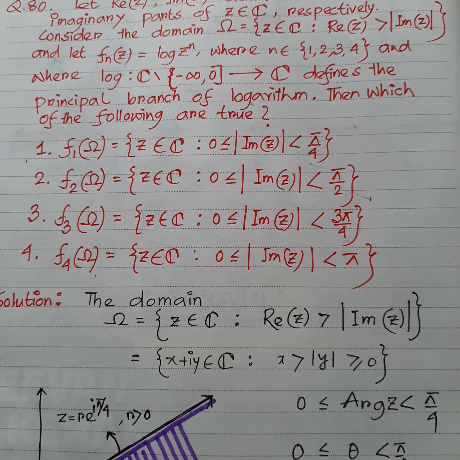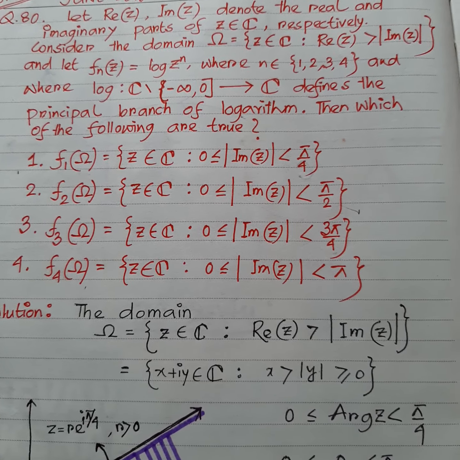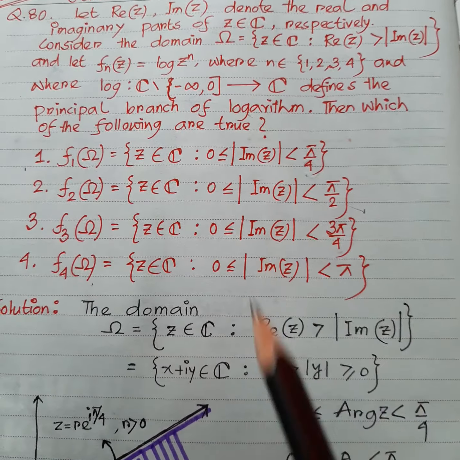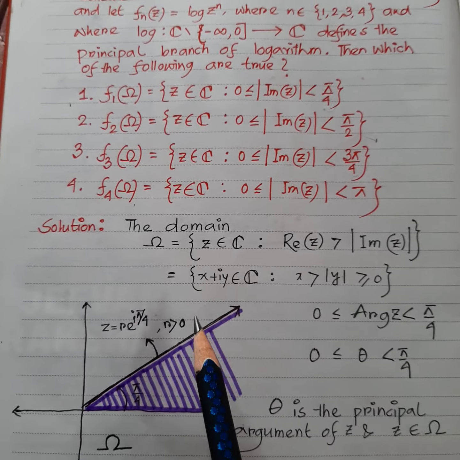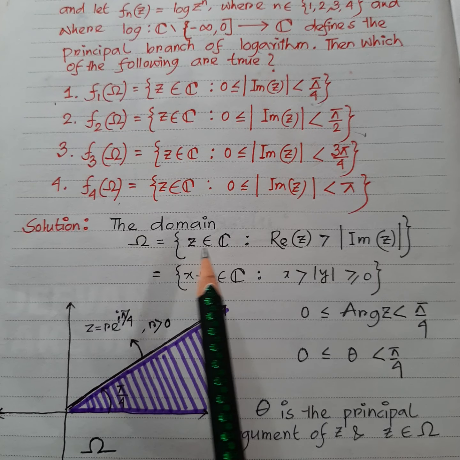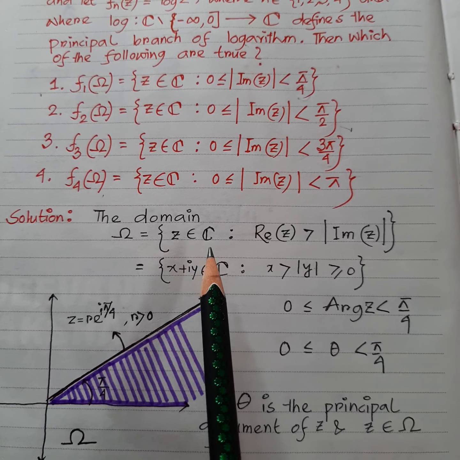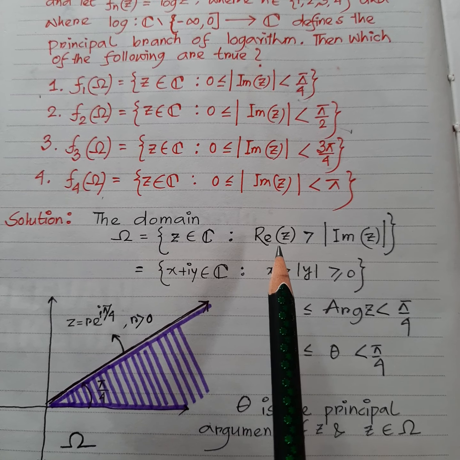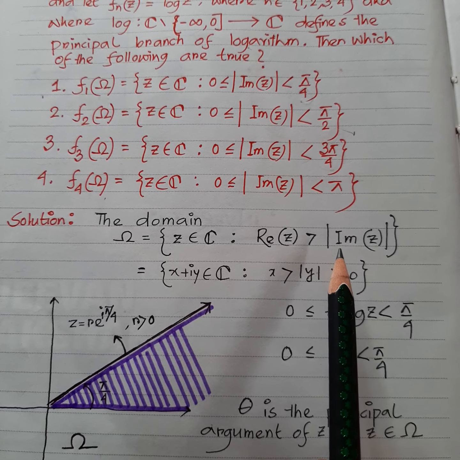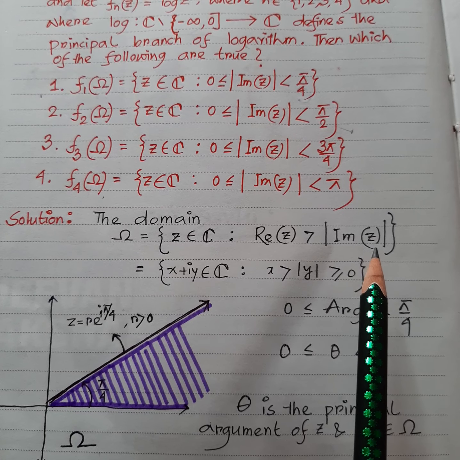So let's first of all see what kind of domain this Omega is. Omega is the set of z belongs to the finite complex plane C such that real part of z is strictly greater than modulus of the imaginary part of z.